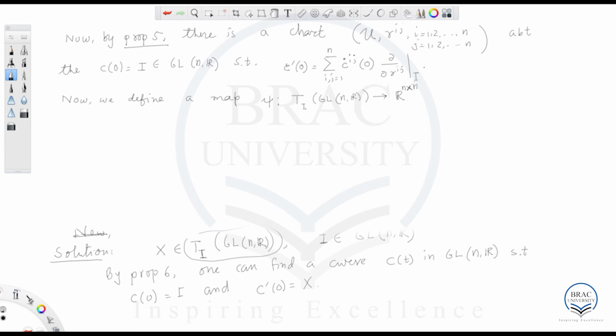The zero matrix, everything is there. So psi of, remember C'(0). C'(0) is what? This is X, right? This guy is in this tangent space.